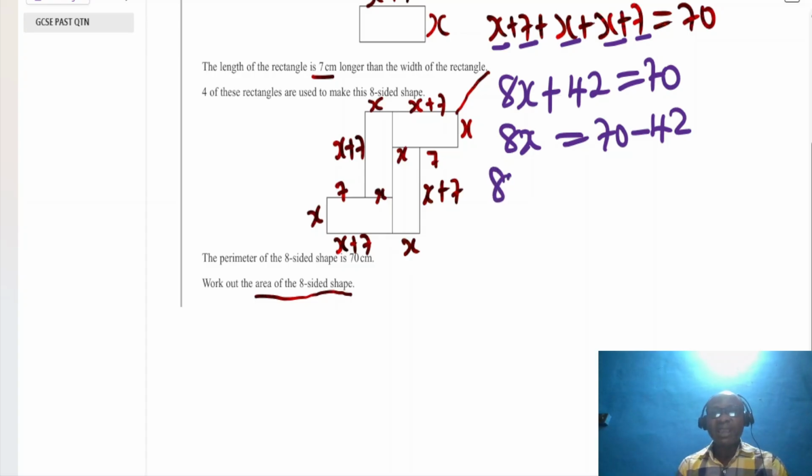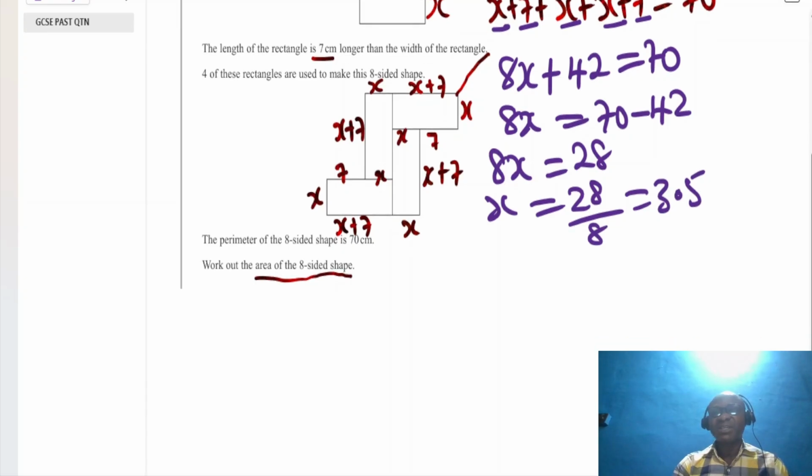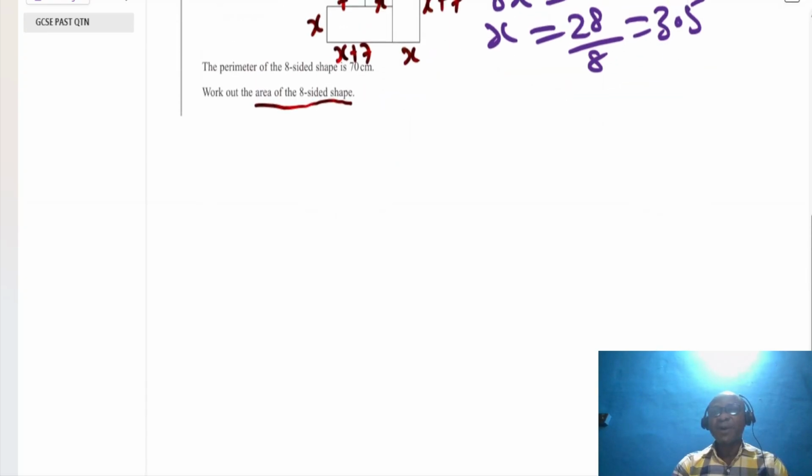So I got 8x is equal to 28, meaning that the actual value of x is 28 divided by 8. And when that division is taken, I get 3.5. What does this mean? It implies that the width of the rectangle is 3.5.